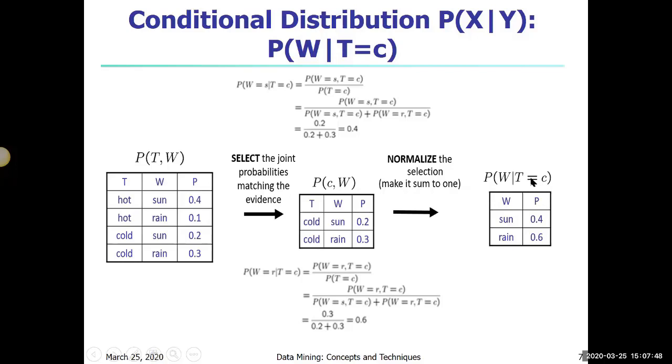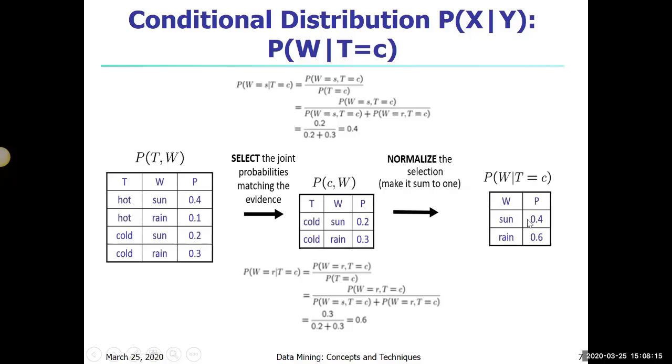Conditional distribution: if we know the joint distribution, we can easily find the conditional distribution. So we want to say, when the temperature is cold, what's the chance for sun or rain to appear? In order to find this, we first find C. Where is C? Cold, right? So the condition matches our need. We take this out, so cold, and then we normalize. The probabilities have to sum to 1.